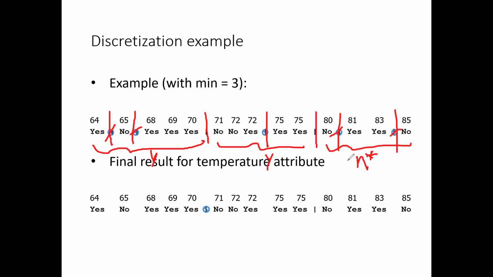Now the next one, this is also yes, this is also yes. Therefore, we can cut this one as well. So up to this point, this will be yes, and this will be no.